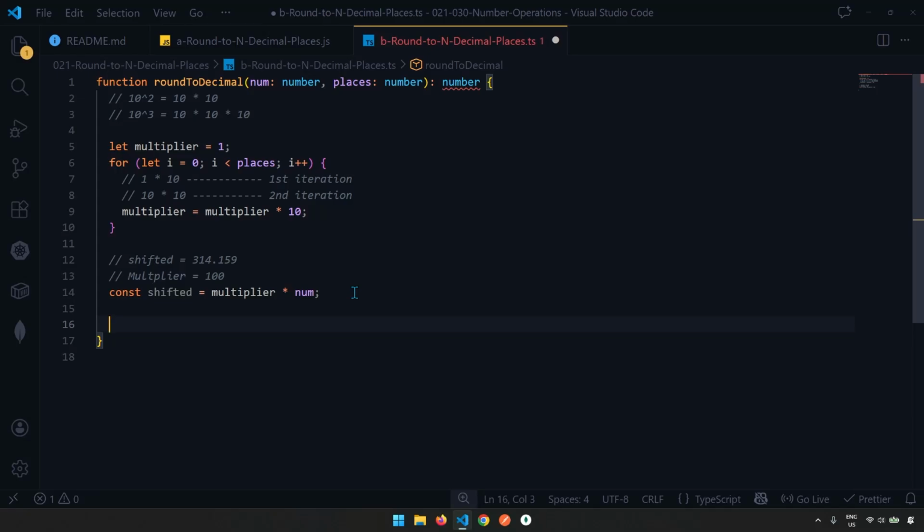To round this up, I need to find out what the fractional part of this is. Keep in mind, shifted contains 314.159. As I explained before, we are interested in the number that comes right after the decimal places that we want, which determines rounding up or rounding down.